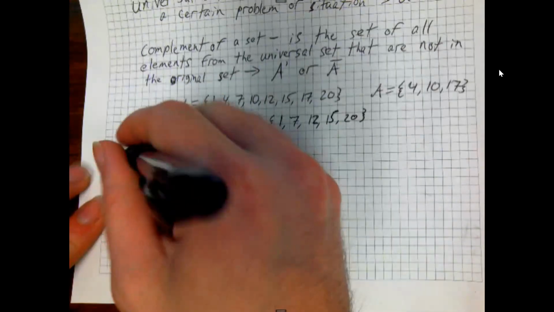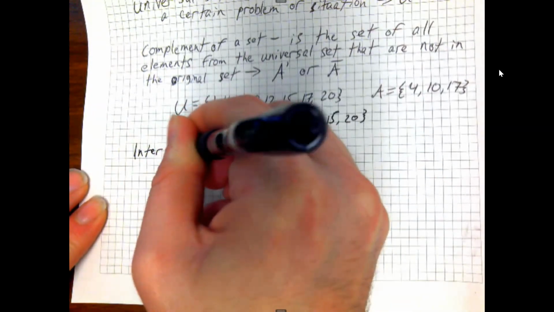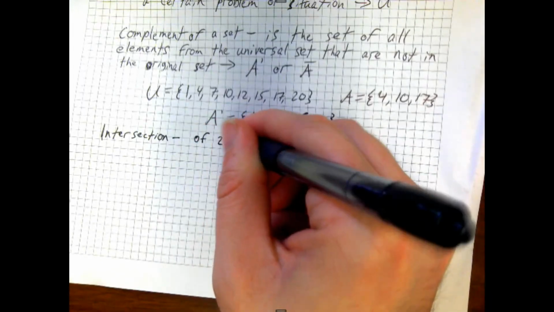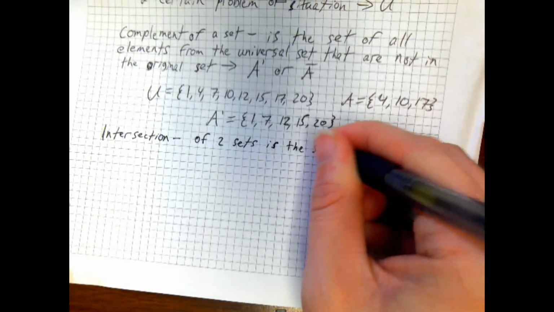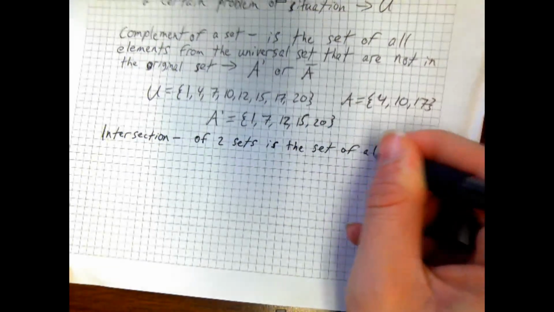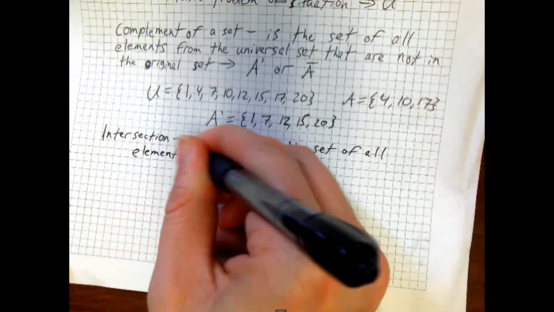The intersection of two sets is the set of all elements in both.